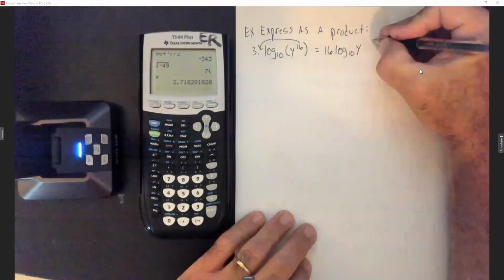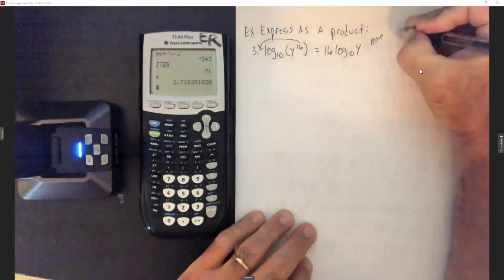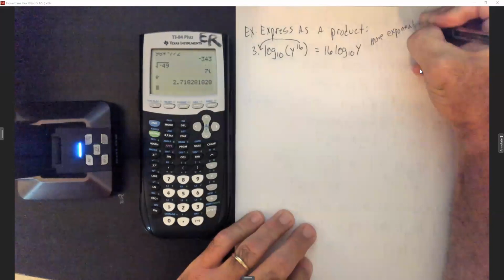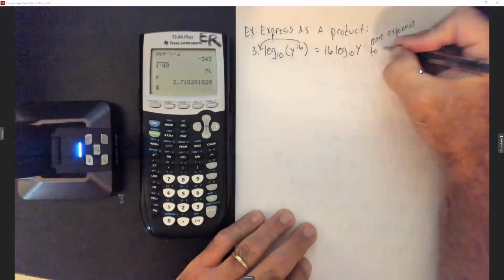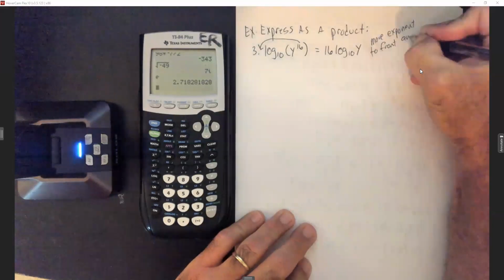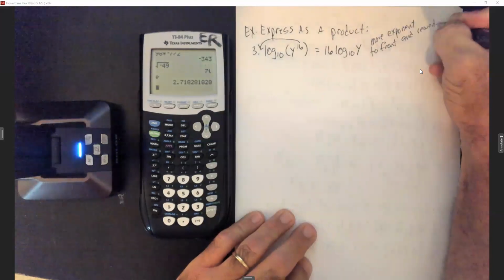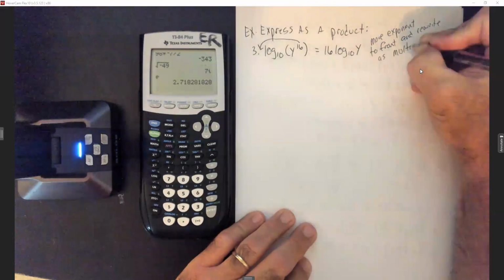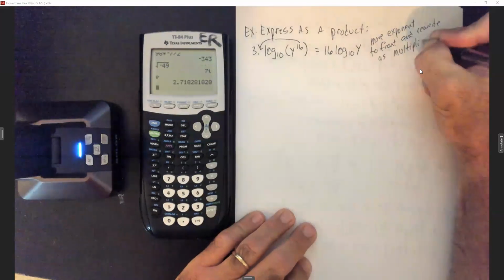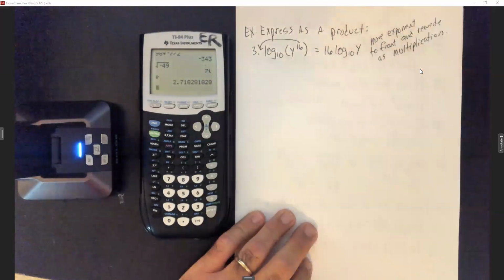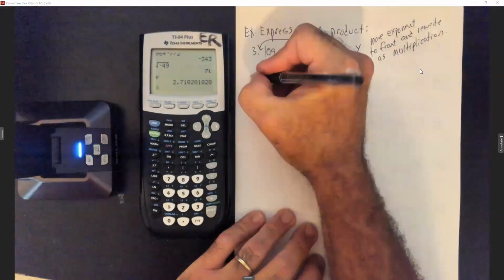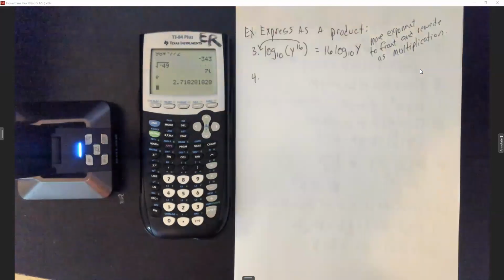So on this one, we move the exponent to the front and rewrite as multiplication. So you got to love these one-step problems. Although number 4 gets a little trickier, y'all.